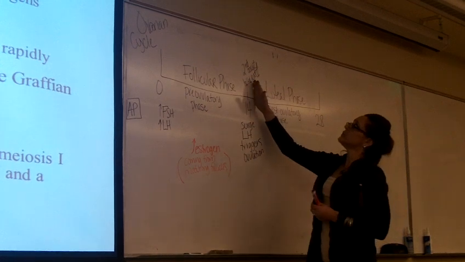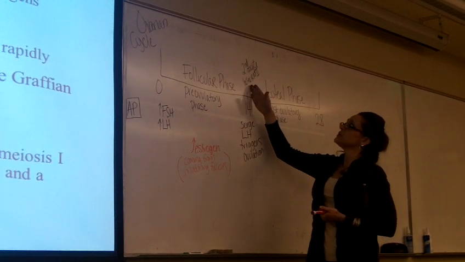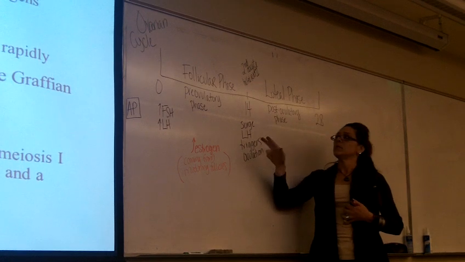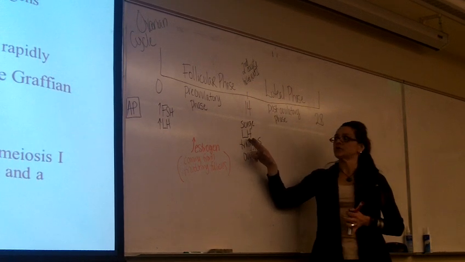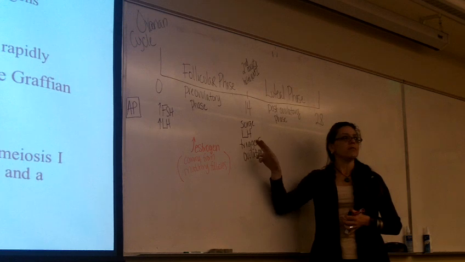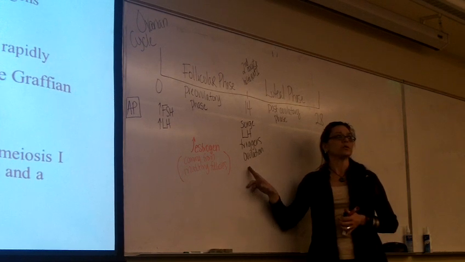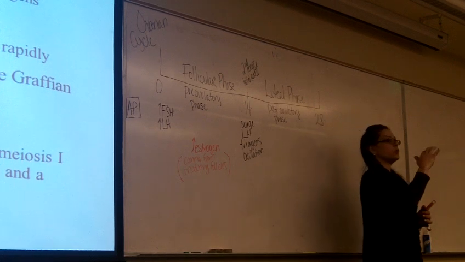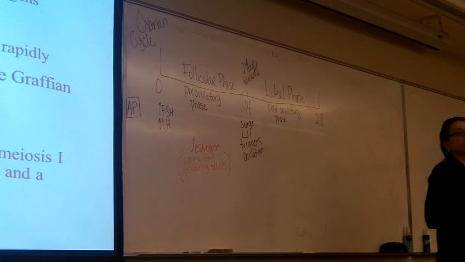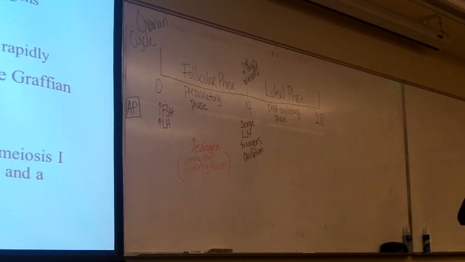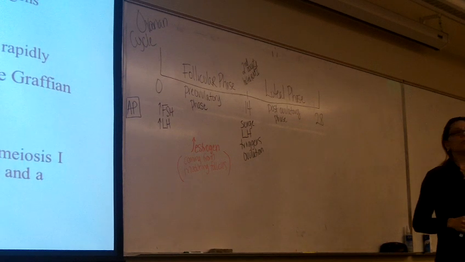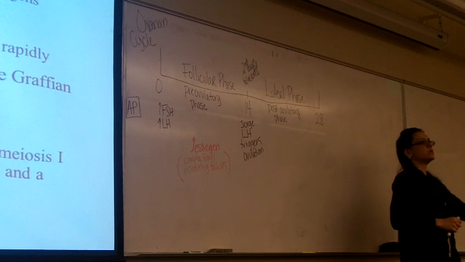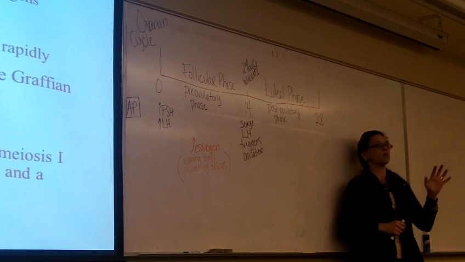That secondary oocyte halted at metaphase 2 ovulates on day 14 because that surge in LH triggers ovulation. It makes that follicle rupture. So out comes the oocyte, it goes into the fallopian tubes. And that oocyte can stay in the fallopian tubes for about 24 hours. Sometimes you see 48, but about 24 hours.